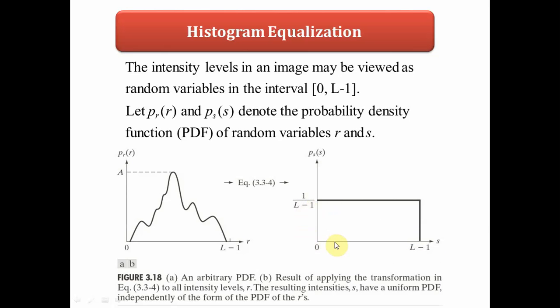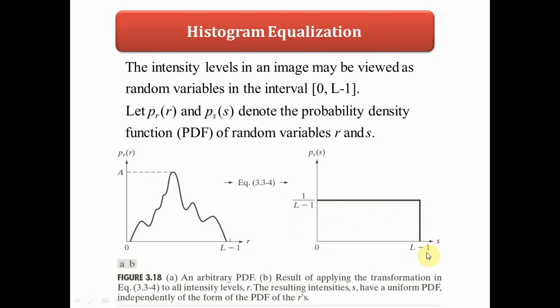Then 1 minus 0 divided by L minus 1 minus 0 will be 1 upon L minus 1. That will be the slope for the uniform case, when the output value is 1 and L minus 1 is the maximum input value.